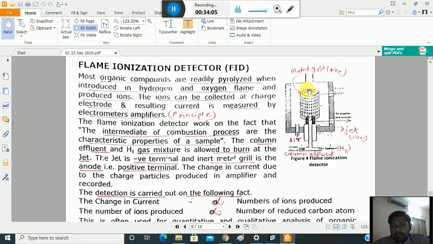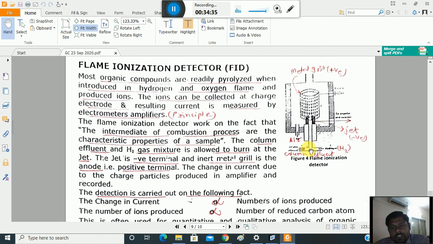That is a metal grill. First of all, I discussed that diagram with you. That is a metal grill, the positive terminal, and that is the jet block, which has the negative terminal. That is the inlet between these two electrodes. That is the column effluent, meaning the mixture of gas and sample that passes through the second end of the column.